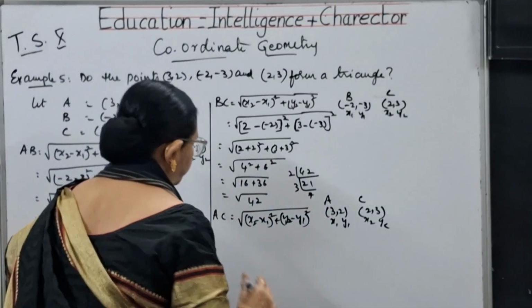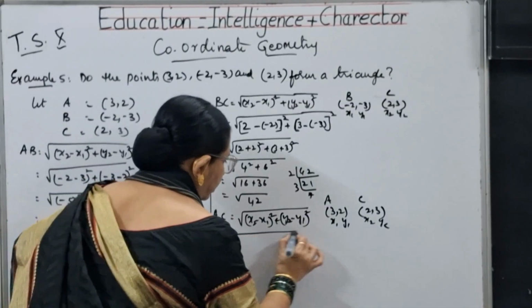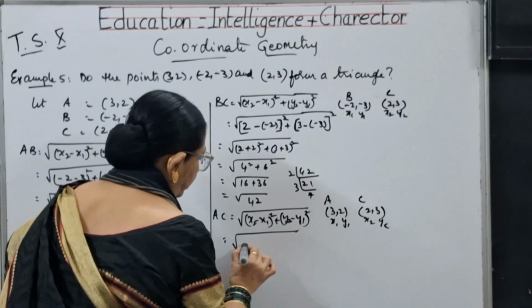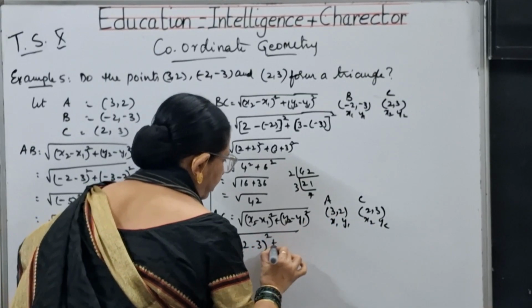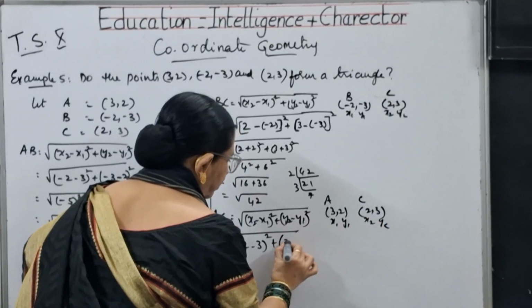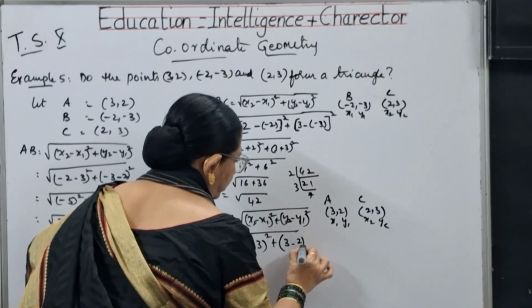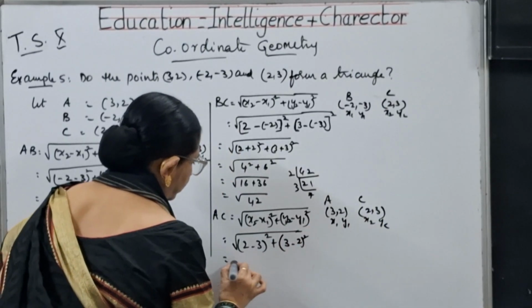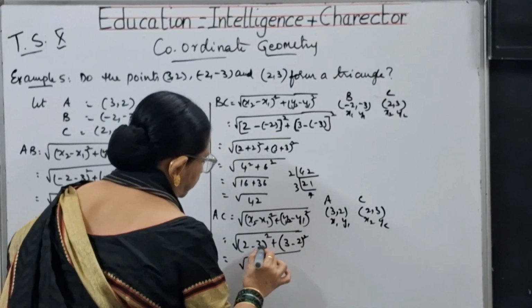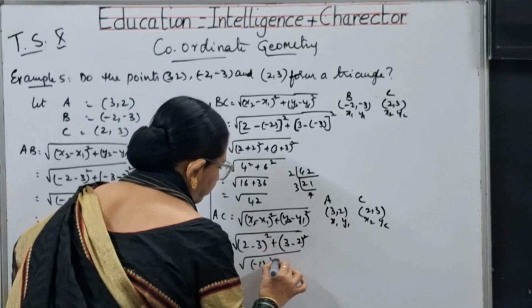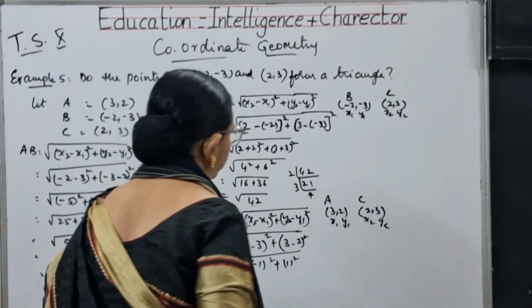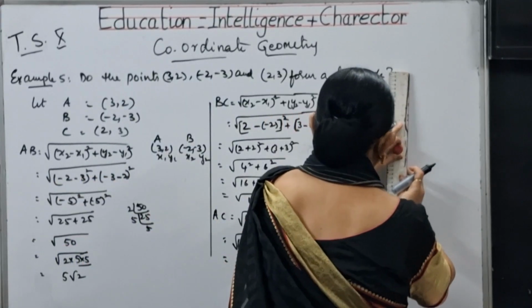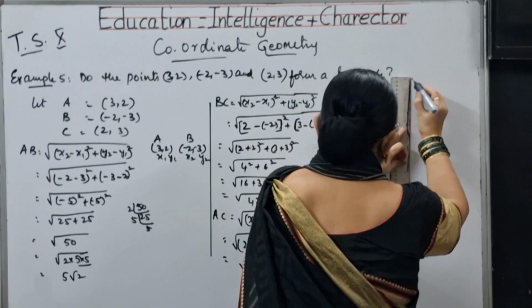Otherwise you may find it difficult while taking the values. So x2 is 2 minus x1 is 3 whole square plus y2 is 3 minus y1 is 2 whole square. So this is (2 minus 3) which is -1 whole square plus (3 minus 2) which is 1 whole square. So let us do further.